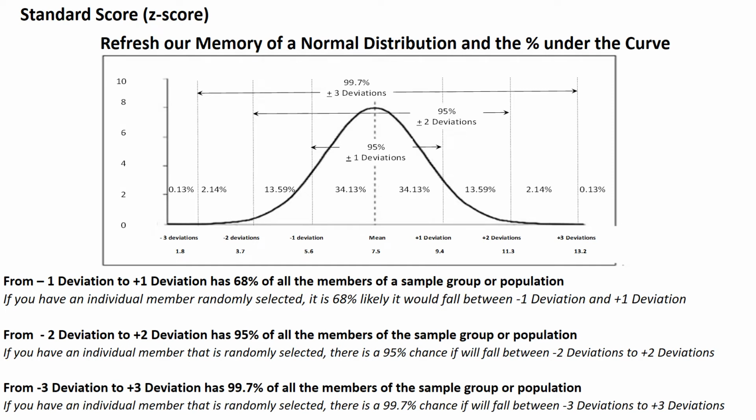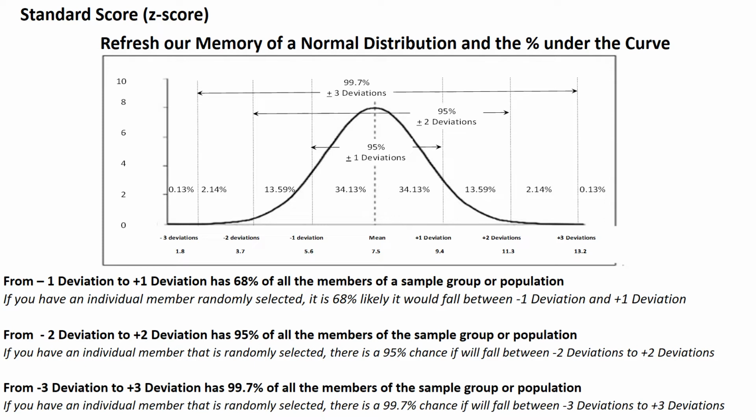In other words, if we look at from the mean, which is 7.5 in this case, to 9.4, 34.13% to be exact, of all the data falls in there. And then from 5.6 to 7.5, 34.13%. So it's actually 68.26. A little over 2/3 of all the data falls between -1 deviation and +1 deviation.